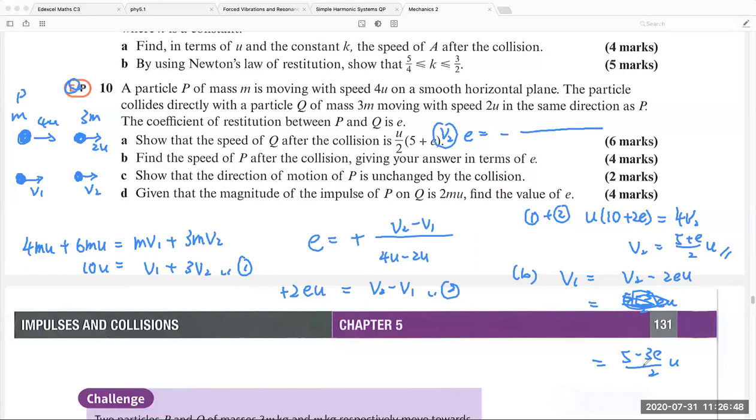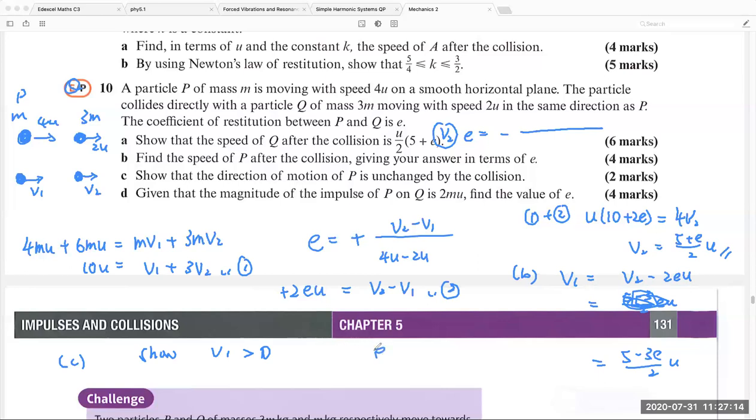Yes. Okay, then for part C, let's show the direction of the motion of P is unchanged during the collision. Initially, that is for u, you can let it be positive. What you need to show is that V1 is greater than 0, or V1 is positive. How can you show it?